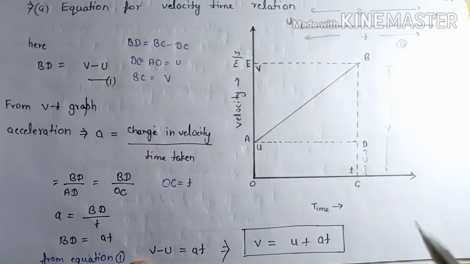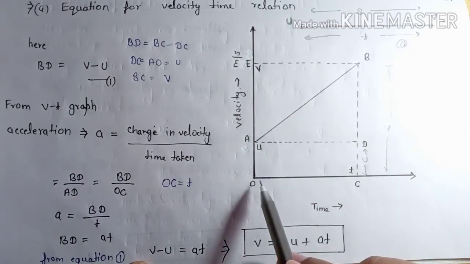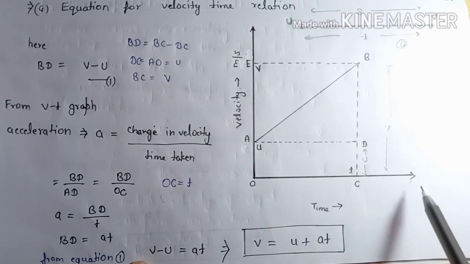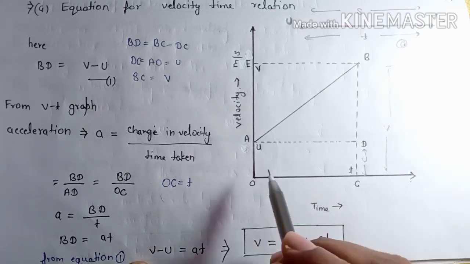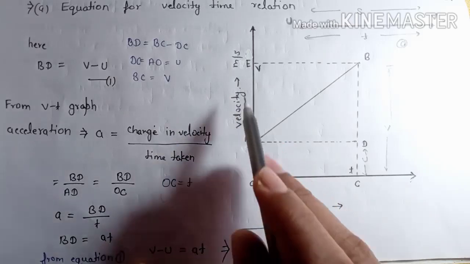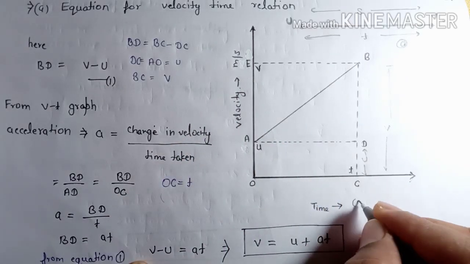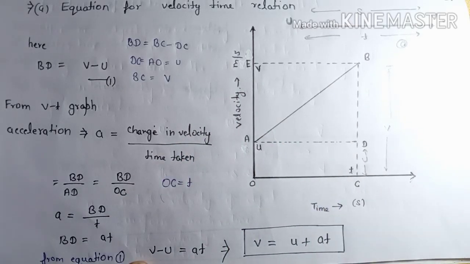So in that case, we plot a velocity time graph for this situation. This is the axis for time in seconds, and this axis is for velocity. It represents velocity in meter per second.